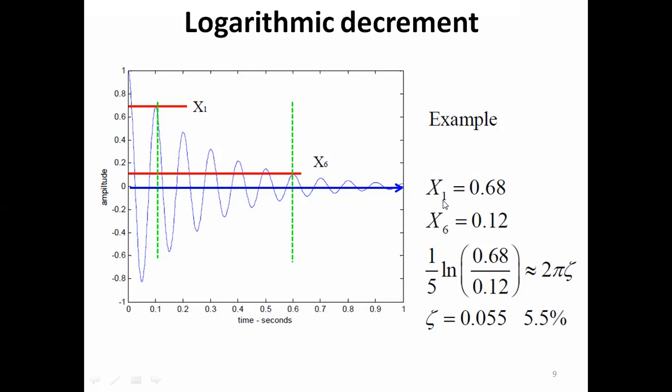So let's say we are measuring it. x1 is, let's say, equal to 0.68, and x6 is 0.12, and then we have 1 over n. 1 over n here is 1 over 5 natural log of x1 by x6, and we are using the second equation, which is approximately equal to 2 pi zeta. The only unknown is zeta, and from there zeta is equal to 0.055 or 5.5%.